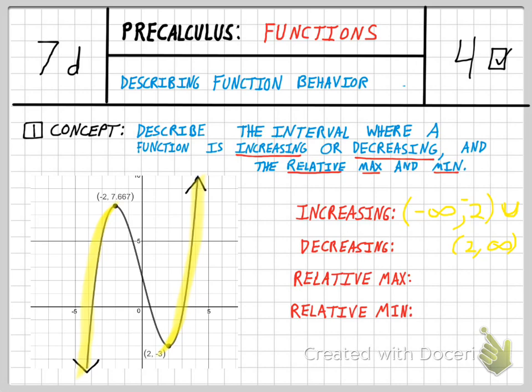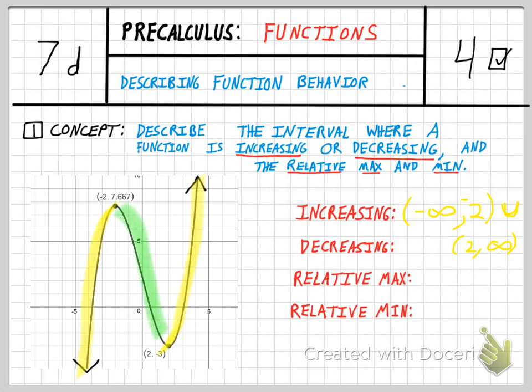Alright, let's look at decreasing. If I took a look at this graph and I ask you what seems to be the places where this is decreasing, then you might look at this and say, well, it appears that it's decreasing from here to here. Right?